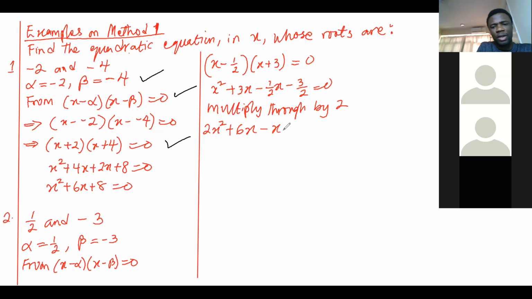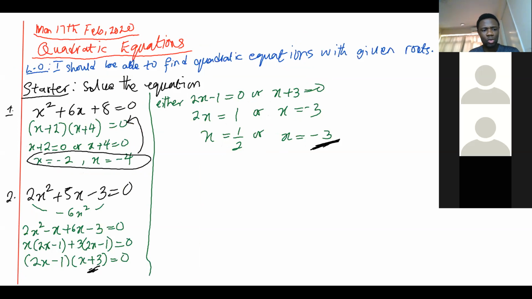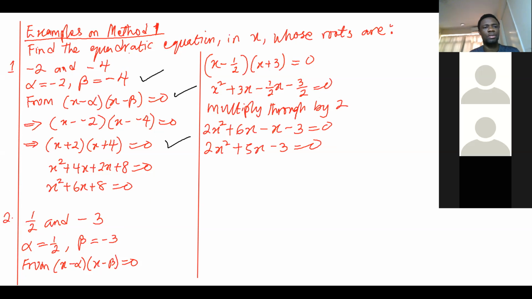This is negative x, and this is negative 3. Does everybody get that? So that gives 2x squared plus 5x minus 3 equals 0. If you notice, this is exactly what we solved to be able to get the results that we got.